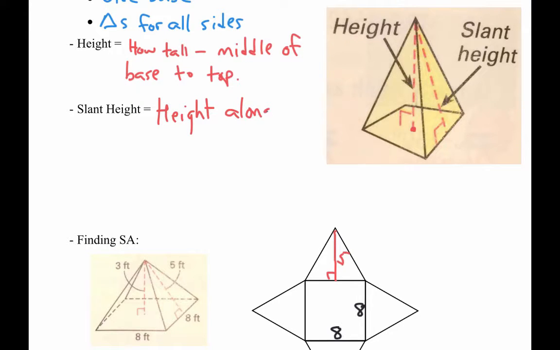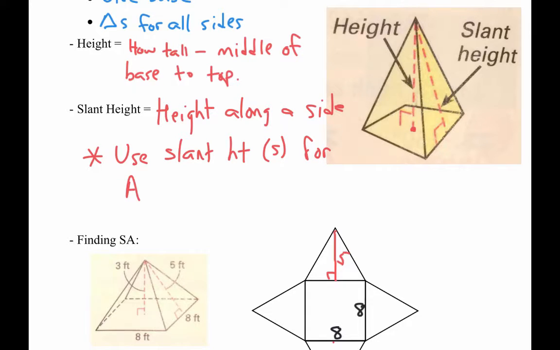And I'm going to put a little star by it, use slant height. And they'll use the abbreviation for that. They'll use a lowercase letter s. So I'm just going to do that like that. So use the slant height, this lowercase letter s, for area calculations, or maybe for SA, surface area calculations.